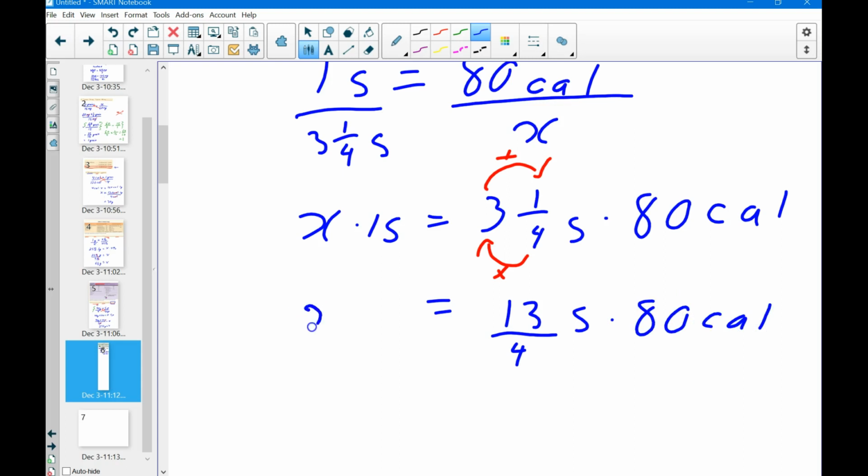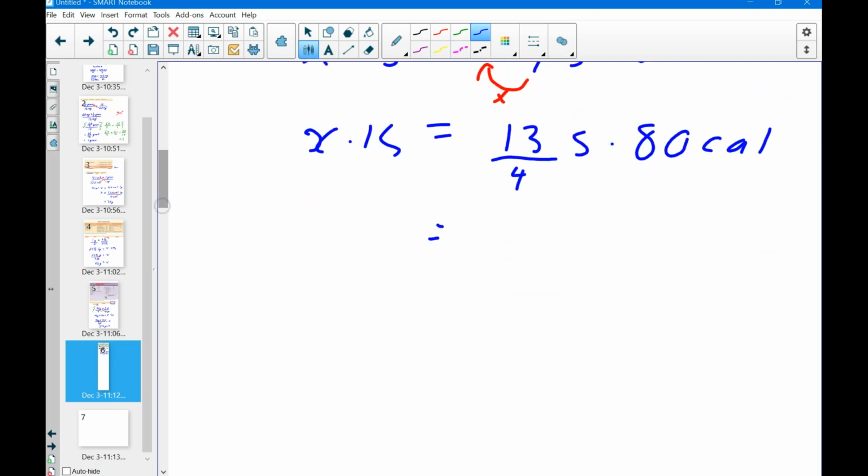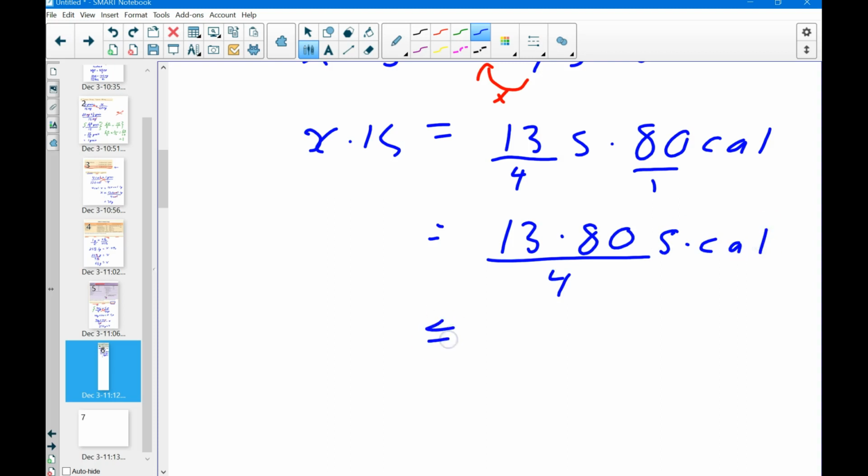I want to just simplify that before I do anything else. So 80 can be written as 80 over 1. You still need to see the 1. And so therefore it's going to be 13 times 80 over 4, servings calories. Multiply the units the same as you multiply the numbers.